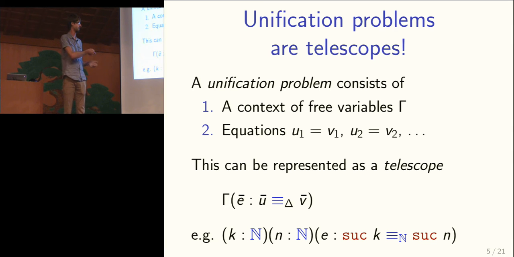Also notice that we give a name to each equation. In this example, it's E. This allows us to refer easily to these equations and will also become important in the third part of this talk. So we can represent unification problems as telescopes.